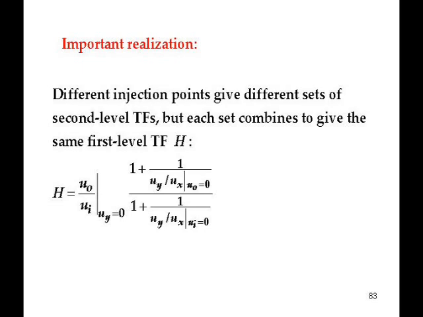That's fortunate. Otherwise, something is seriously wrong. But it's kind of miraculous that whatever injection point you choose, even a random injection point, gives you different sets of the T, Tn, H0, H infinity, but when you plug them into the basic formula, you get exactly the same value of H every time.